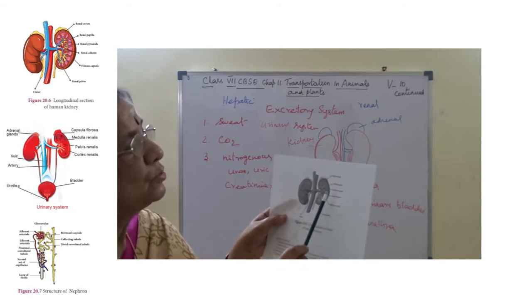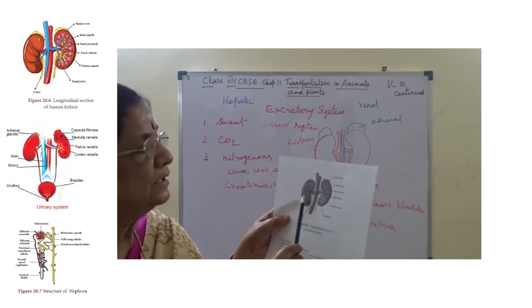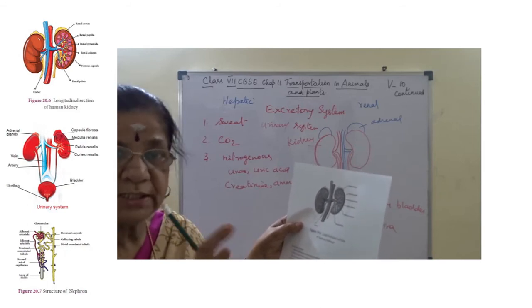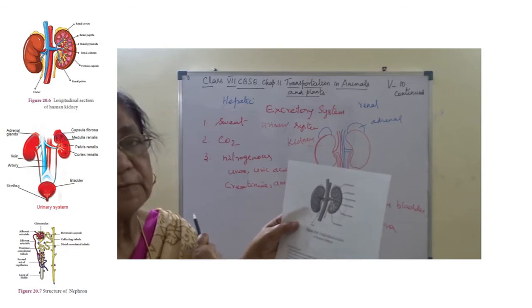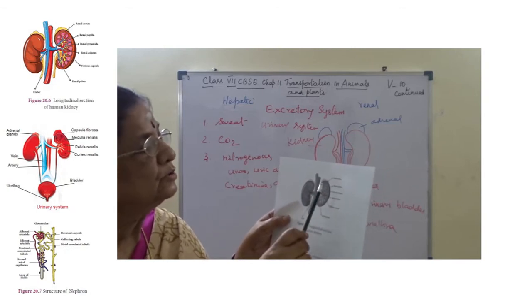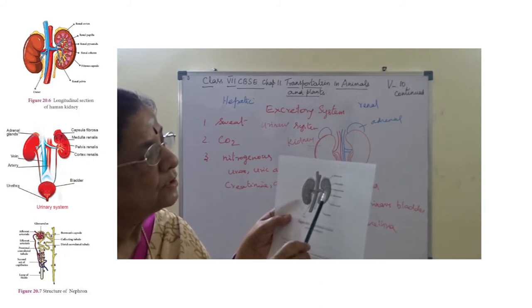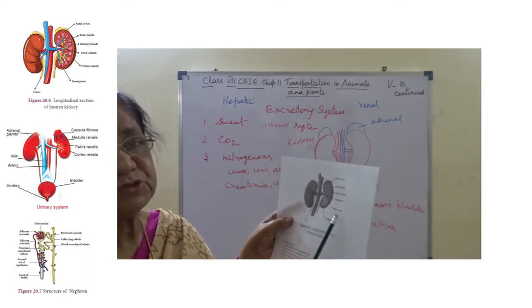The outer portion is the renal cortex and the inner is the medulla. The kidney is formed of two layers, outer cortex and inner medulla. The cortex is covered by a fibrous capsule.